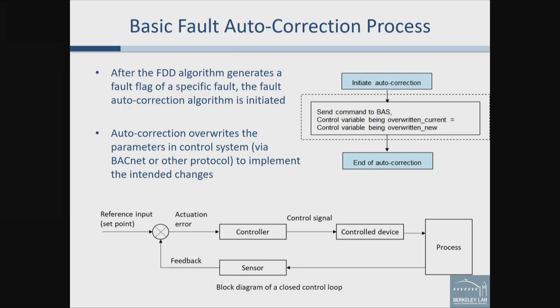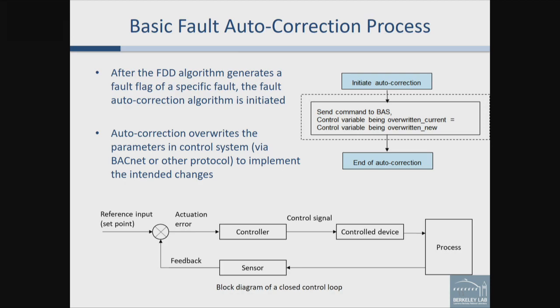If it is a cooling coil, this is the valve, and the valve opening decides how much chilled water will pass through the cooling coil. That is the process. The things that can be changed in this process are what I refer to as control variables. They can be the set point, the feedback from the sensors, or the settings in the controller.